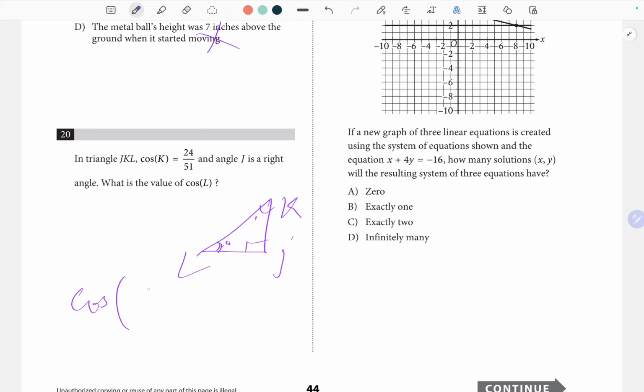So this angle will be 90 minus this angle, and that angle will be cos inverse 24 over 51, right? So that should be our answer. So we can use the calculator again. So this is cos of 90 minus cos inverse 24 over 51, 15 over 17 I got. So answer should be 15 over 17.